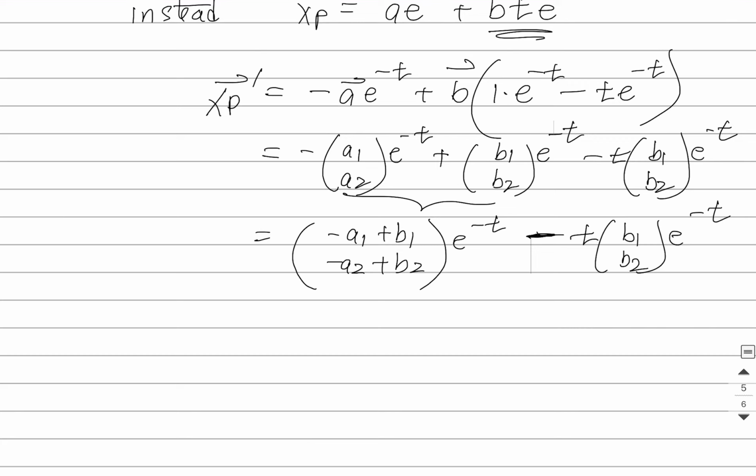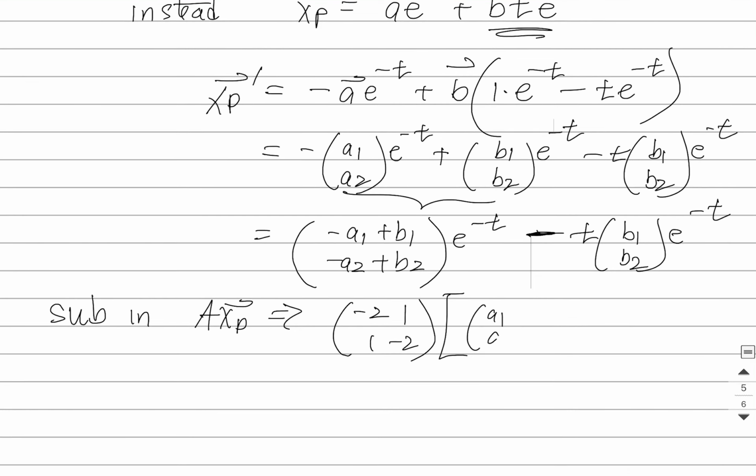That goes on your left-hand side. On the right-hand side, you're going to have to sub in and multiply all of this. So you'll have A times xp, which is going to give you -2, 1, 1, -2. And then you're going to get this combination of terms. So you'll get a1, a2, e to the minus t, b1, b2, t, e to the minus t.